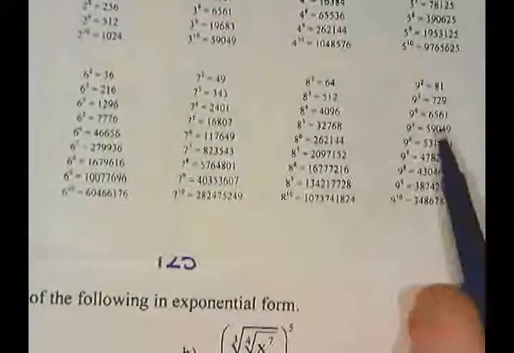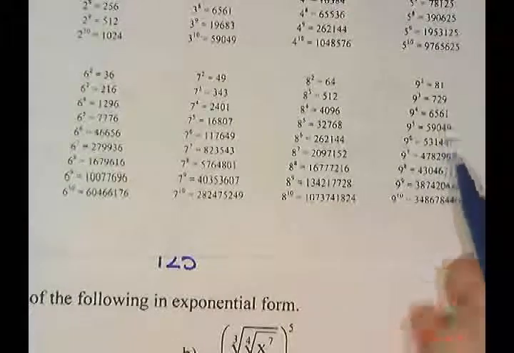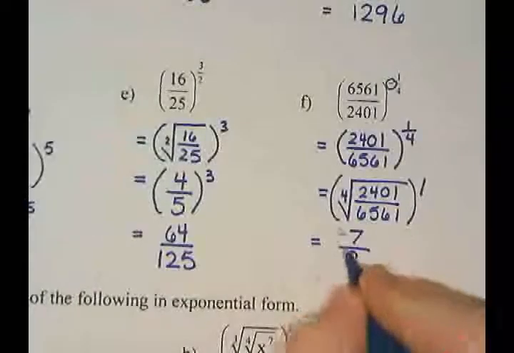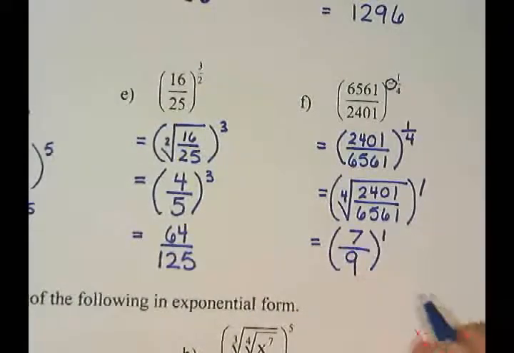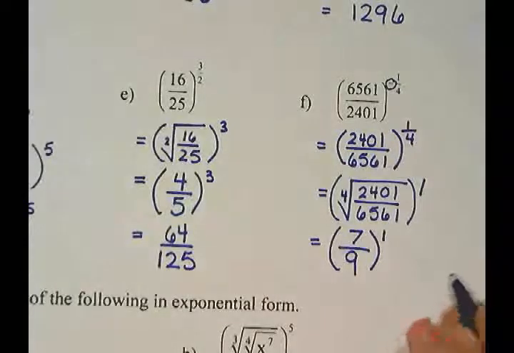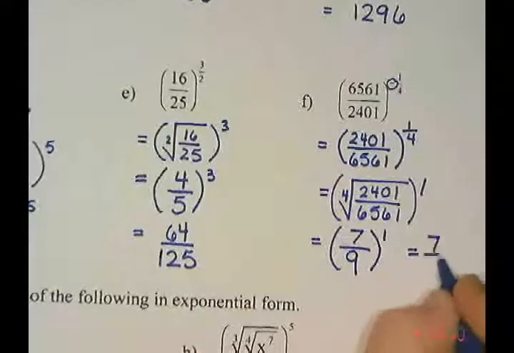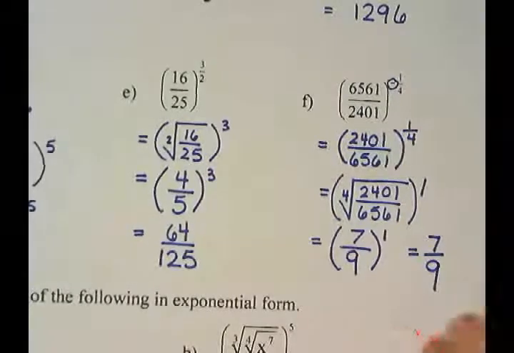And 6,561, I notice, is 9 to the power of 4, so this is going to be 9. All to the power of 1. 7 to the power of 1 is 7. 9 to the power of 1 is 9.